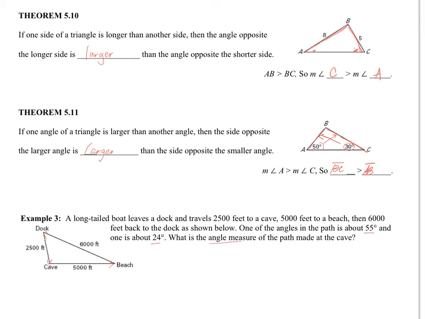What is the angle measure of the path made at the cave? By observing this picture here, I can tell that 6,000 feet is the longest of all sides. So this makes the angle here the largest as well.